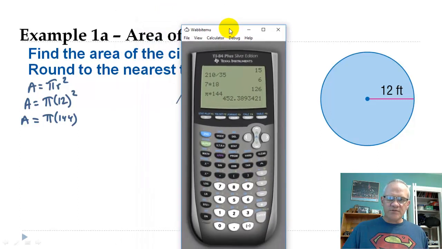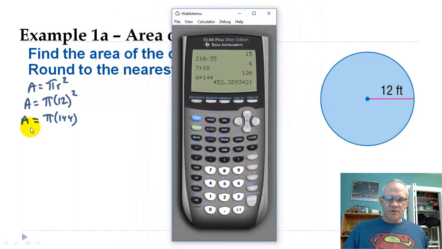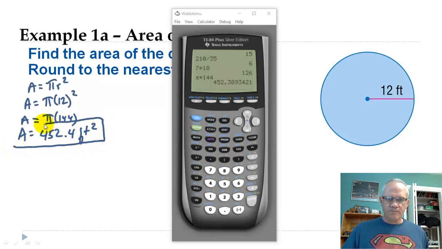Rounding to the nearest tenth, that would be 452.4 feet squared. So 452.4 feet squared on that one. Not too bad, right? Pretty straightforward.